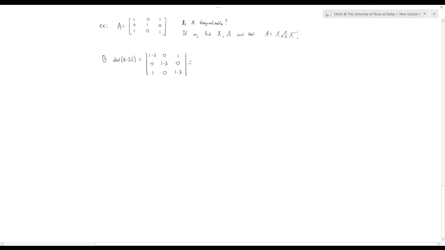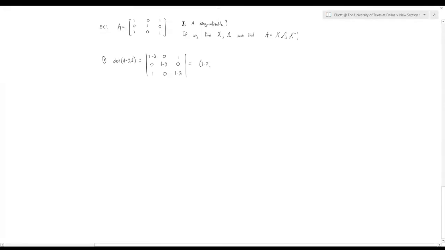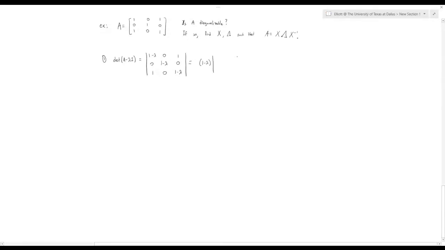If I just expand along the second row, we'll have a 0, and then we'll have plus 1 minus lambda times, if I cross out the second row, second column, we have this remaining 2 by 2, and I need the determinant of this.